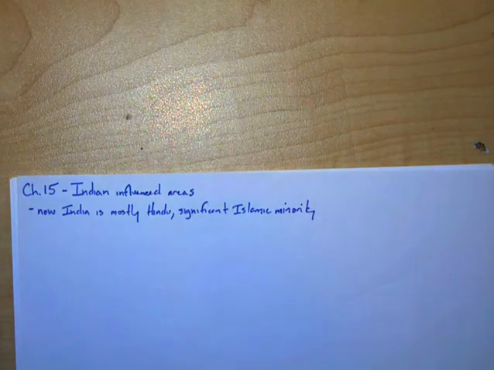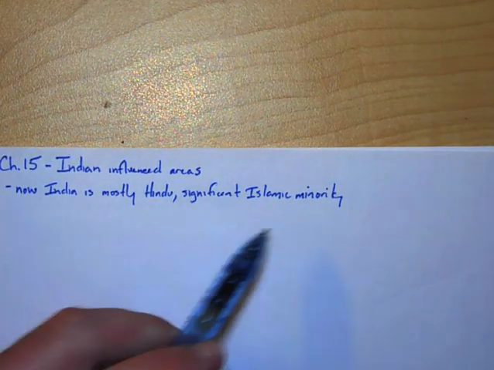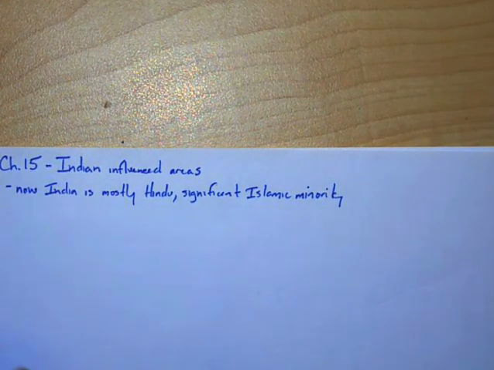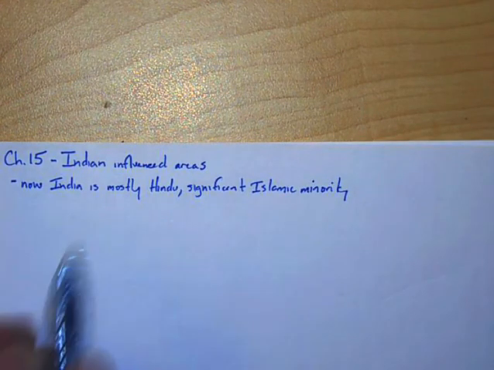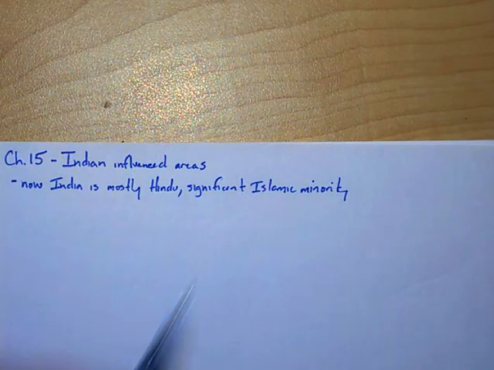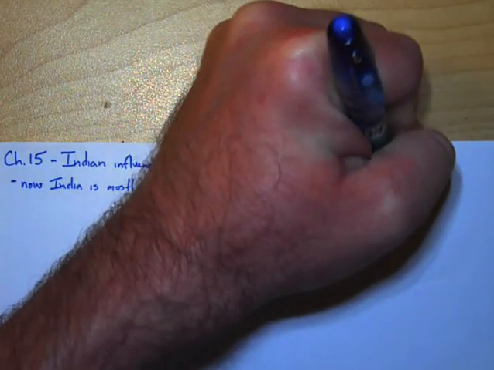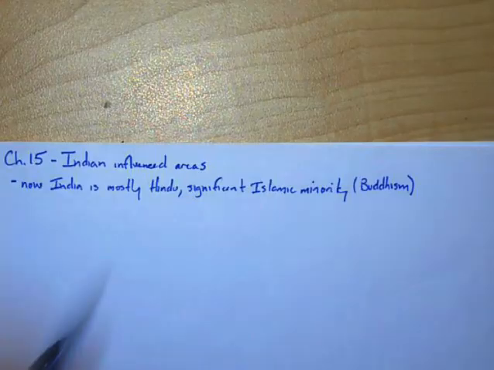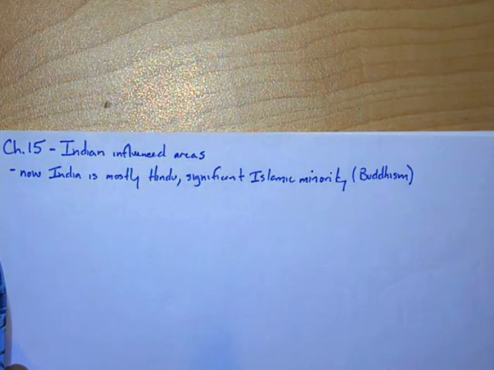So instead of there being a Buddhist minority, now we're seeing that there's a significant Islamic minority. And so these religions, Hinduism, Islam, and also a little bit of Buddhism, these three religions are what's going to influence that area that we just looked at.